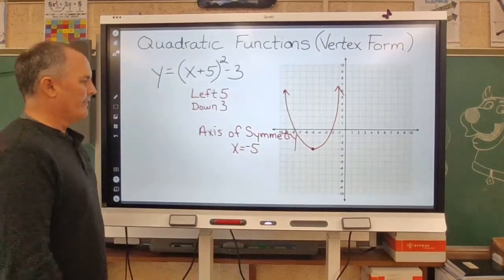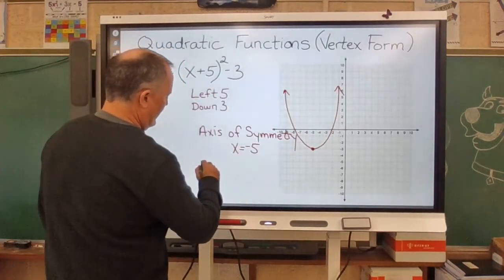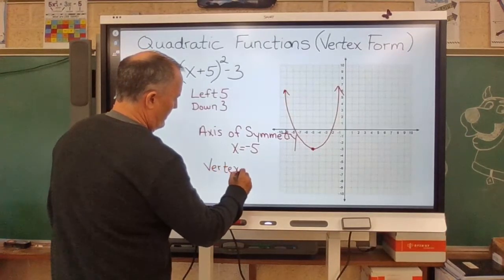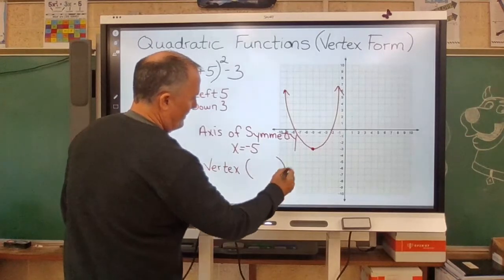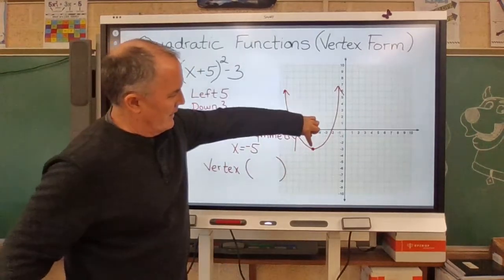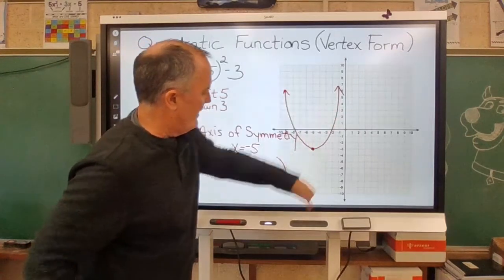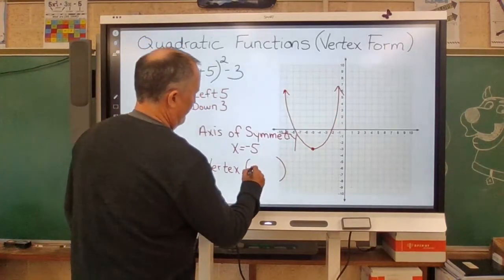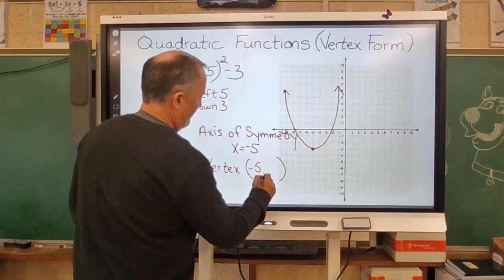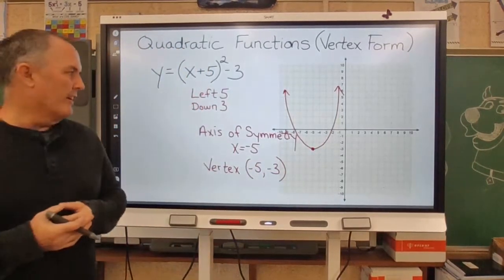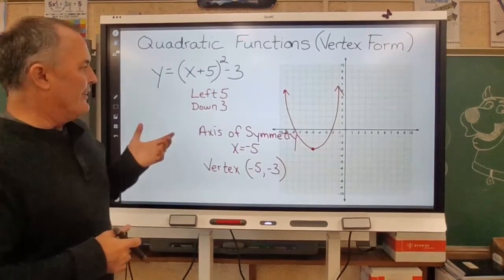X equals -5. My vertex would be the ordered pair that the vertex is on, so it'll be -5, -3.